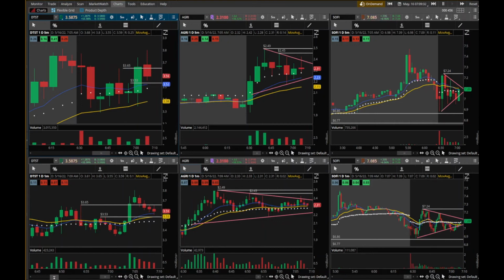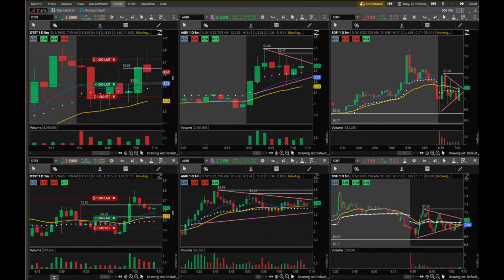Like, I could put in a limit order at 353 or even down below it, closer to the VWAP, but is it going to get hit? I don't know. That 5-minute candle is going to close in 5 seconds.